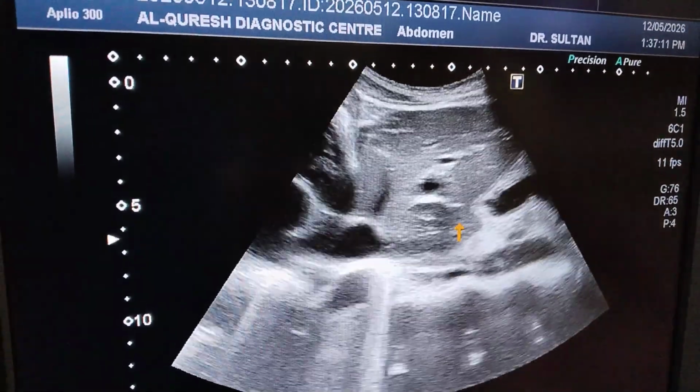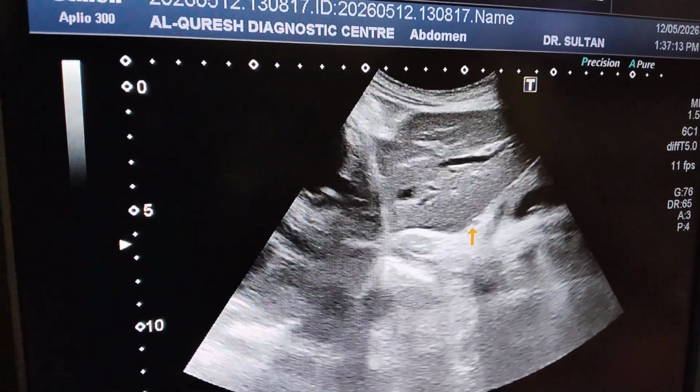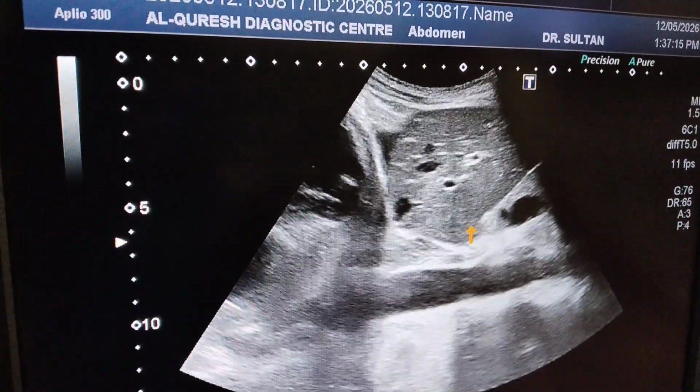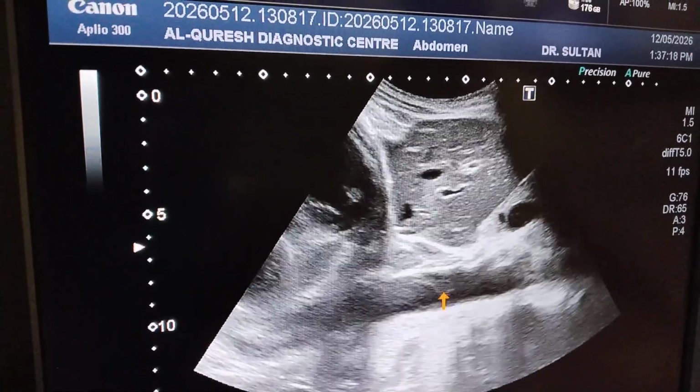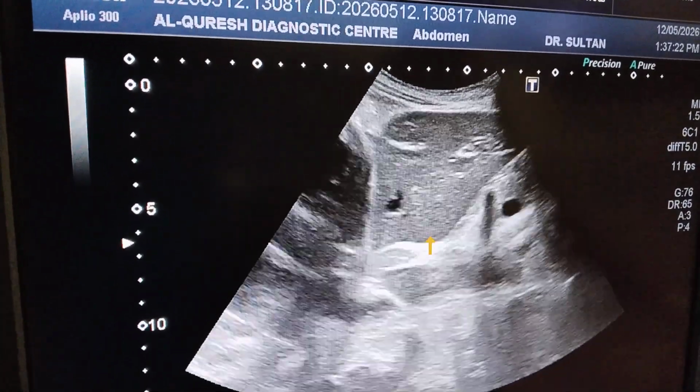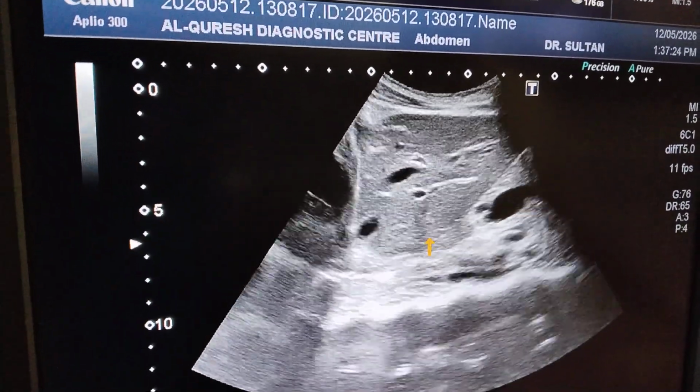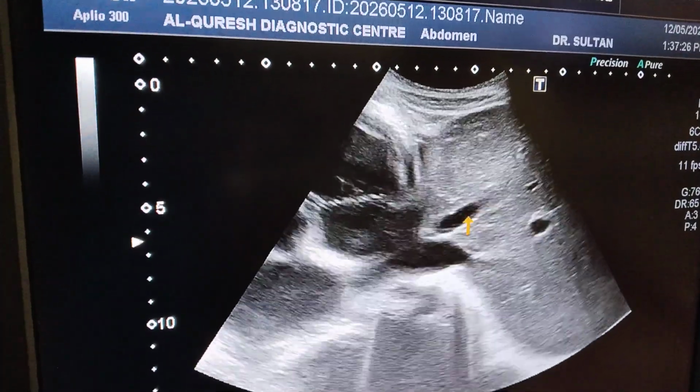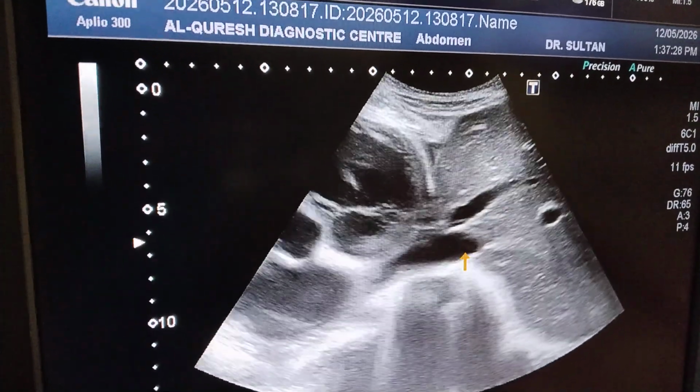So at this region this is the IVC, and this is the hepatic veins.